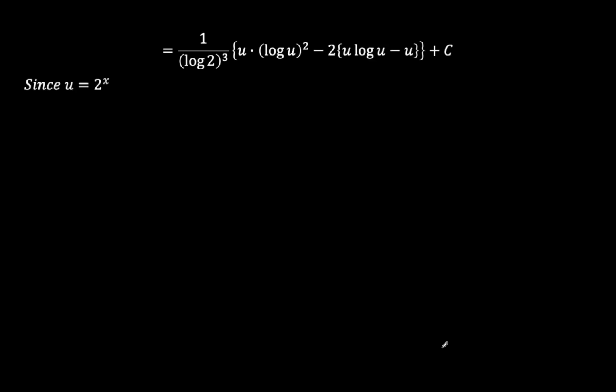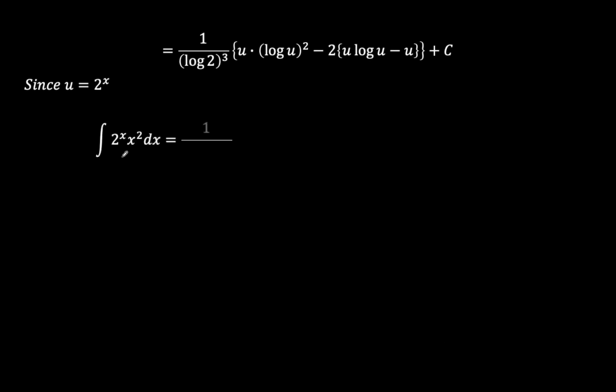So we've gone back to the basics, but there's one thing that we had done initially, and that is to substitute for 2 to the power x with u. And so we're going to have to bring back the 2 to the power x to complete our integration.